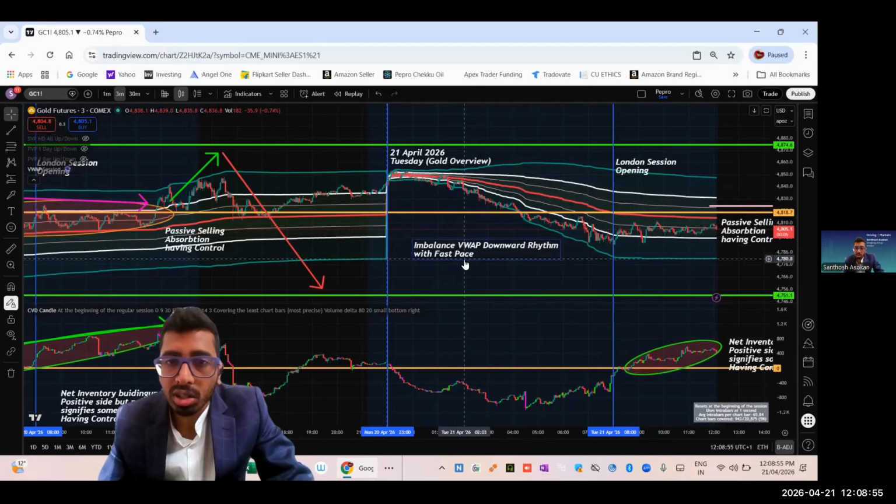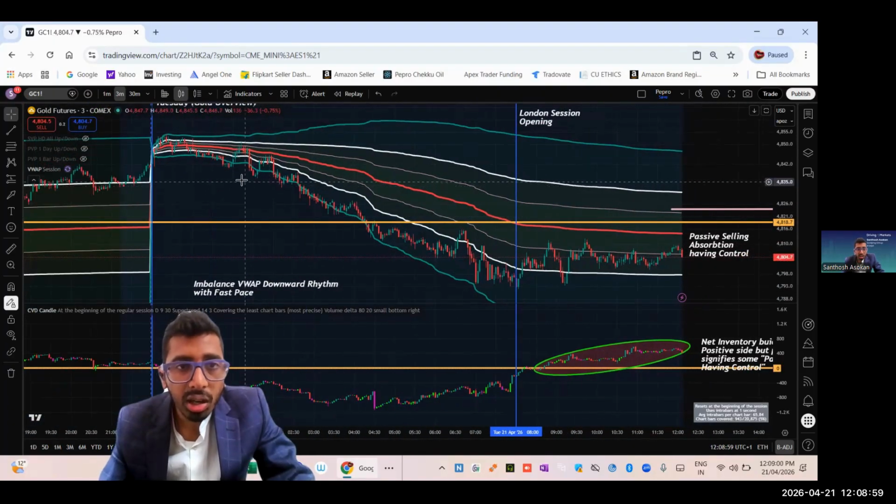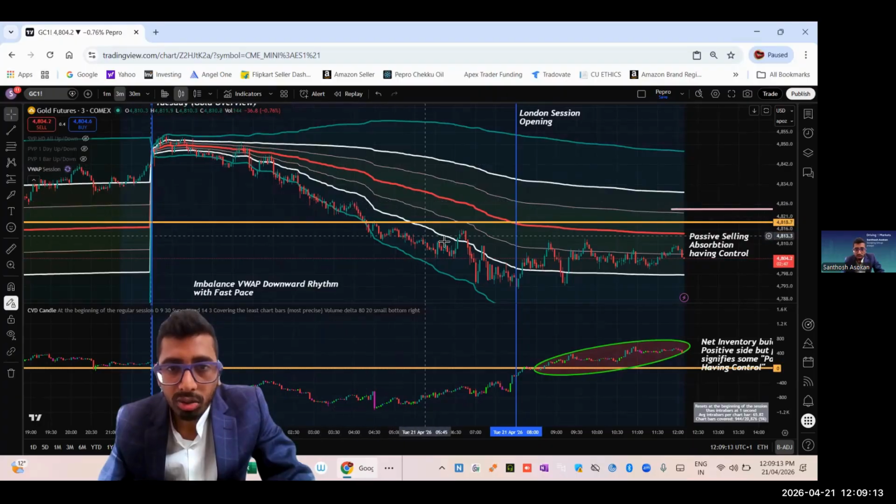The reason I mention fast pace is that the price is continuously trading between minus 2 standard deviation and minus 1 standard deviation, which is a fast-paced rhythm.